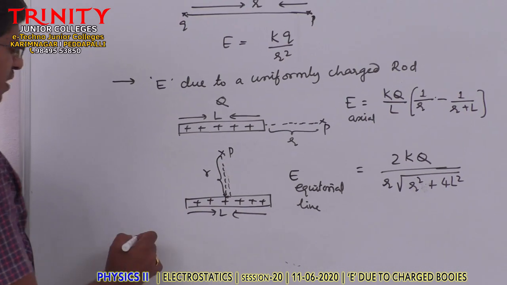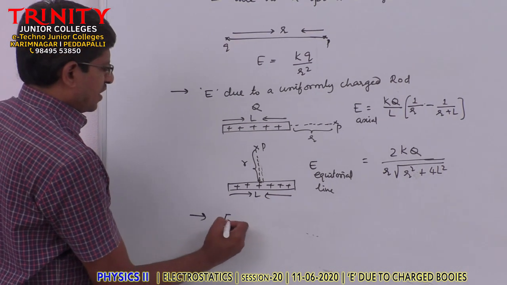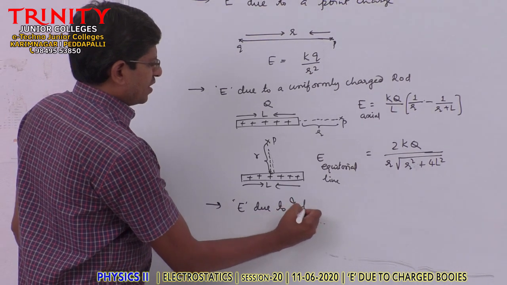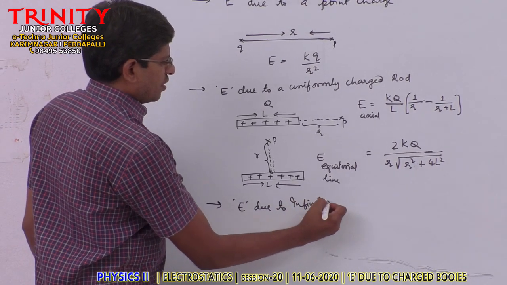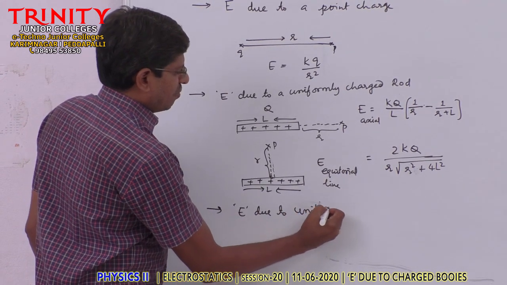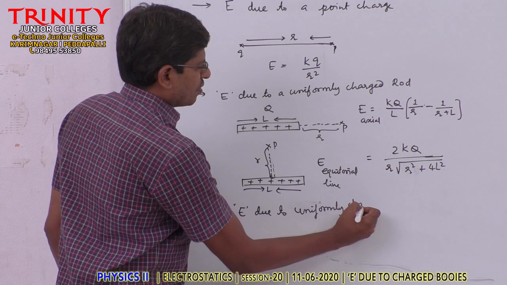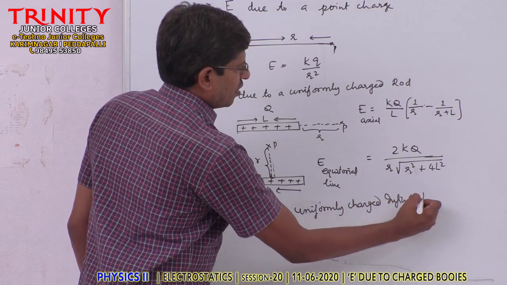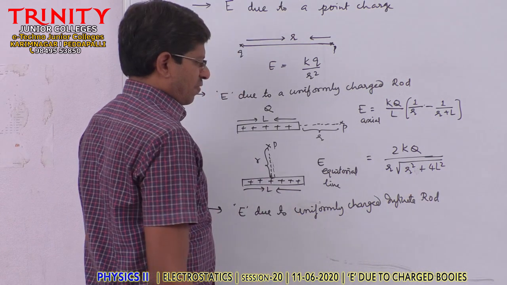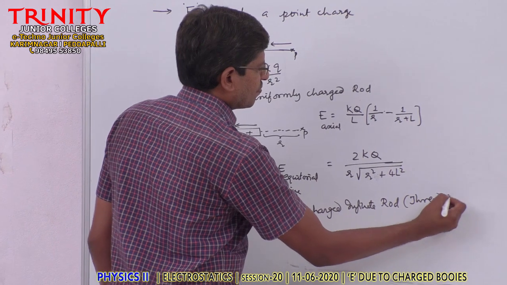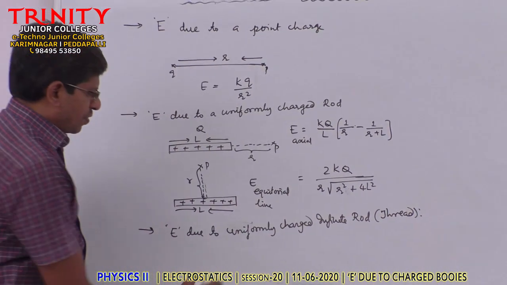And not only this, the next step we did is E due to a uniformly charged infinite rod, or we sometimes say thread. So pictorially, let me show you here.